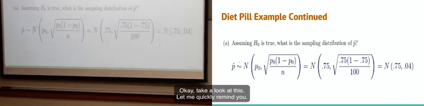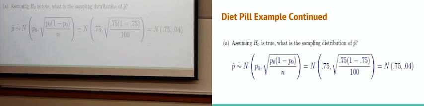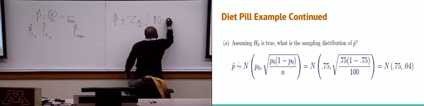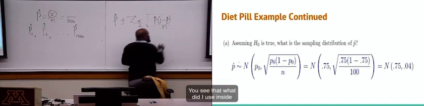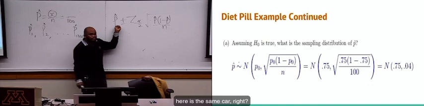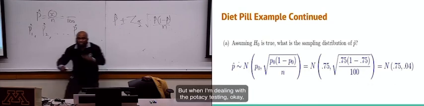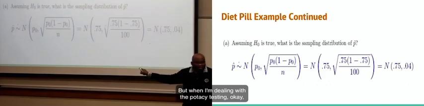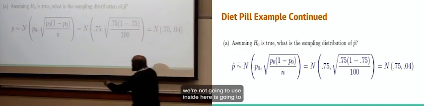And let me quickly remind you. You see that? What did I use inside here? It's the same P cap, right? But when I'm dealing with hypothesis testing, we are not going to use that.